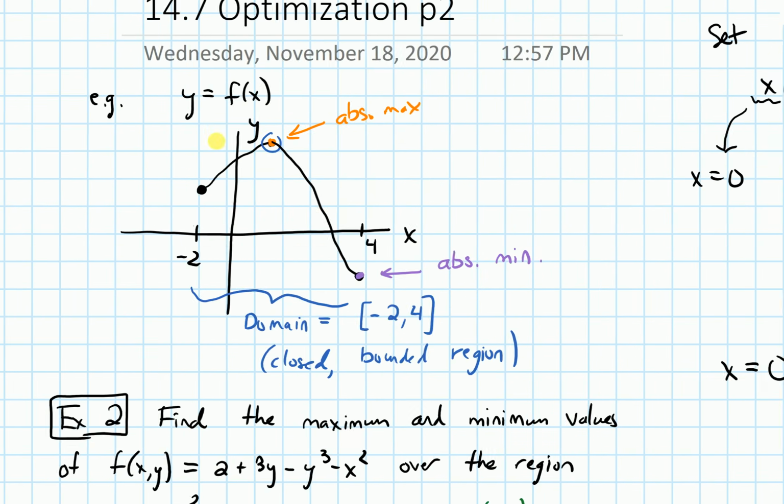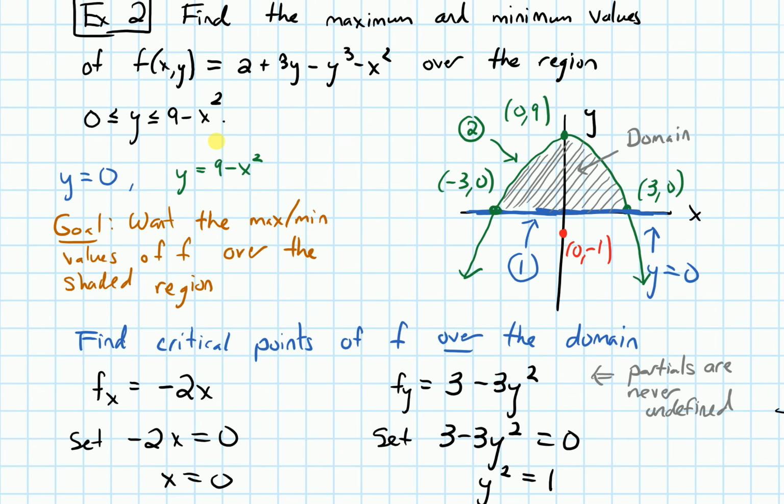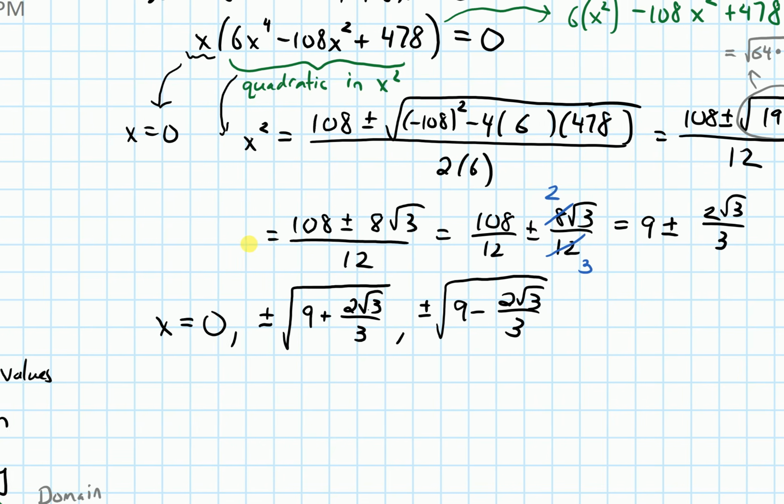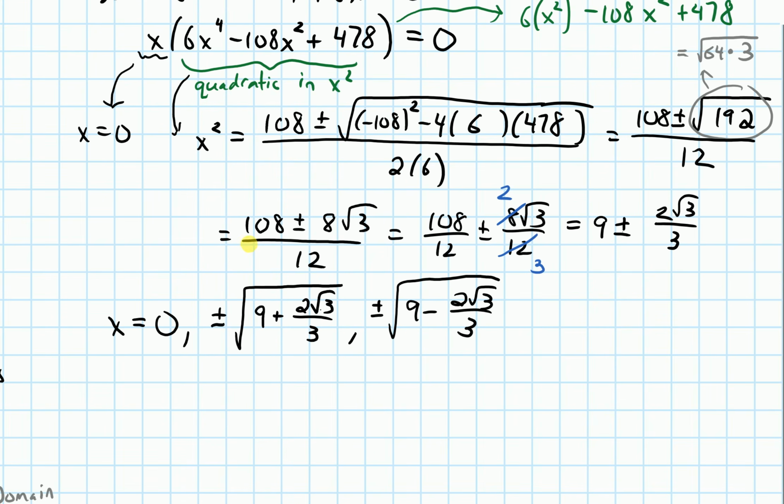So remember that when we're looking at this parabolic region, x needs to be between -3 and +3. It can't be outside of that interval. So we can use that idea to eliminate some of these answers. It turns out that the positive version and the negative version of this root lie outside of the interval from -3 to +3.